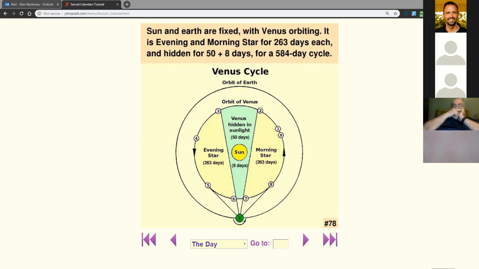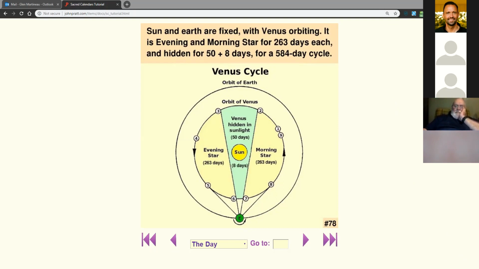Last week we just finished talking about the length of the Venus cycle. We haven't started really on the Venus calendar. That's tonight. But we talked about why in your astronomy book, it'll say the period of Venus is 224 days to go around the sun.